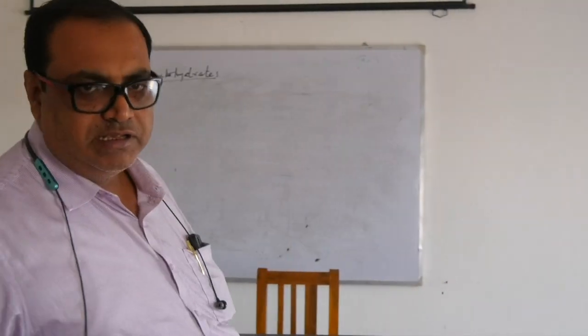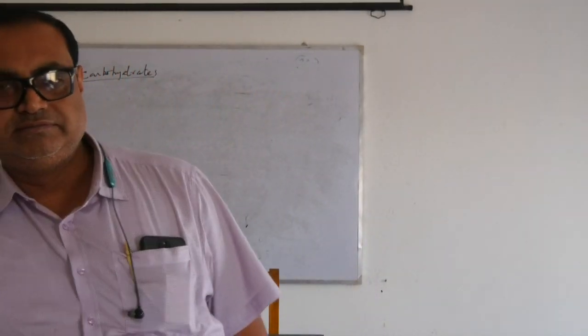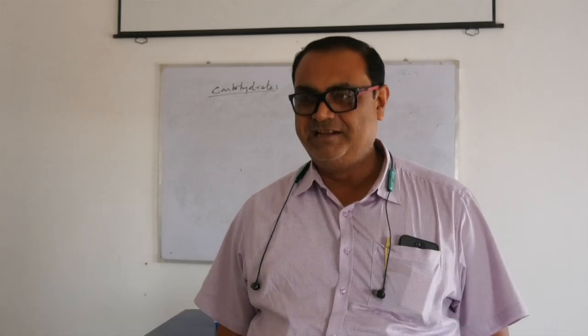In this class, all of you, individual students, are GAGs. Now, if I give you a long thread and ask you to hold it one by one, continuing like a chain, then you become a mucopolysaccharide.